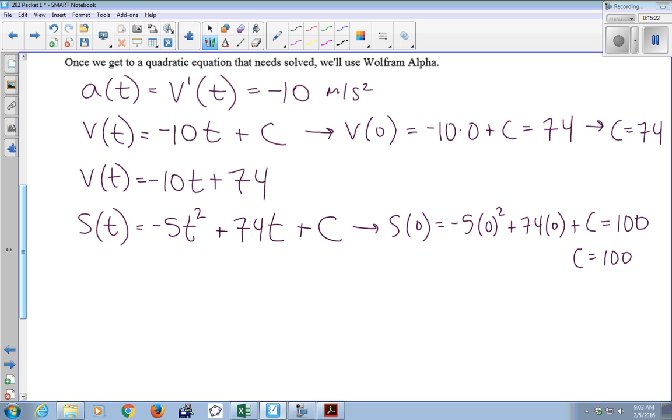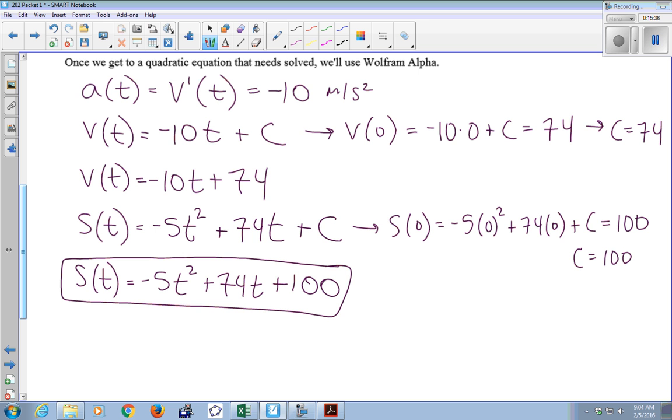So my final formula for position is -5t squared plus 74t plus 100. So that's my position function and my velocity function that I derived, only knowing the fact that the acceleration of gravity is -10 meters per second per second.